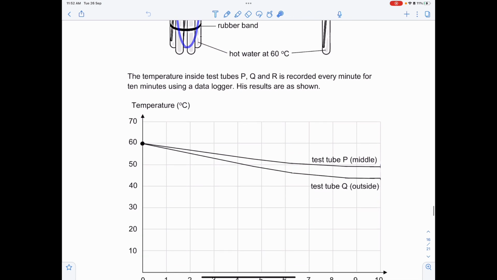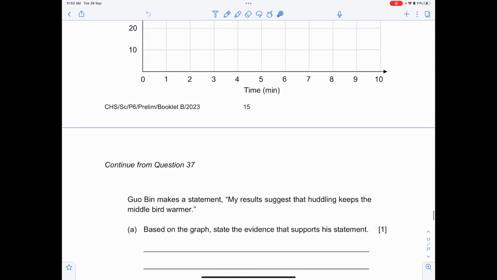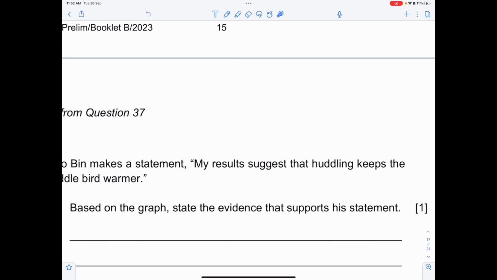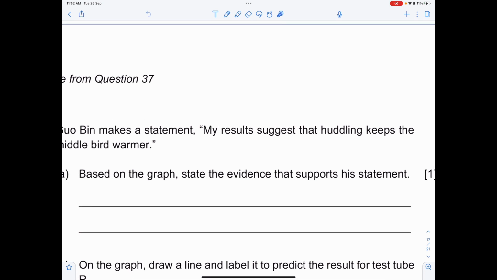So based on the graph, right, when you look at every single minute, so minute 1, minute 2, minute 3, minute 4, you will realize that with every single minute, your test tube Q's temperature decreases faster, is lower than your P. P is over here, Q is over here. So this shows that indeed, alright, the one in the center actually keeps the middle bird warmer.